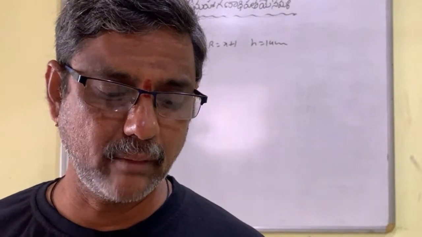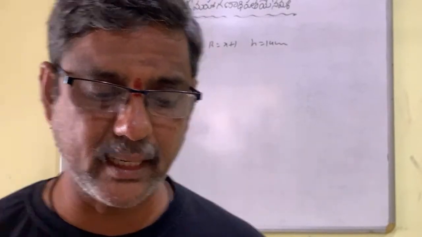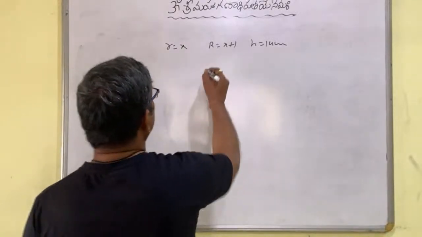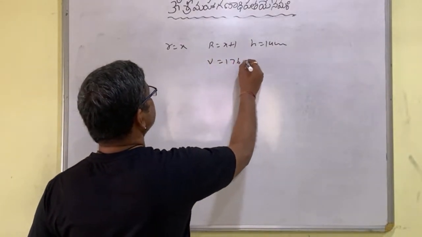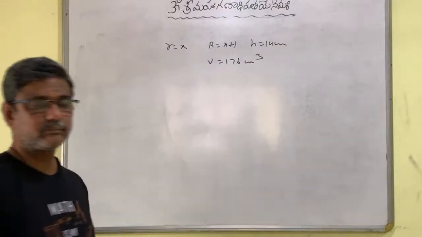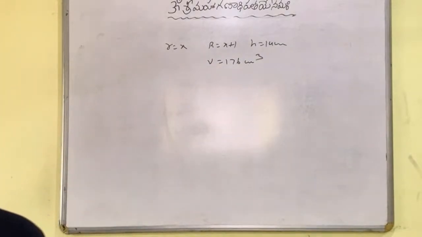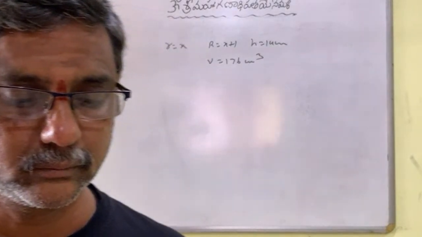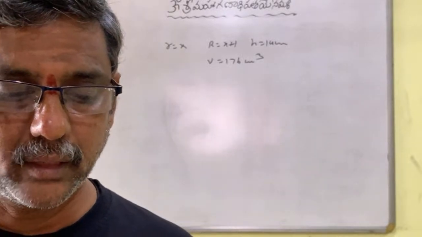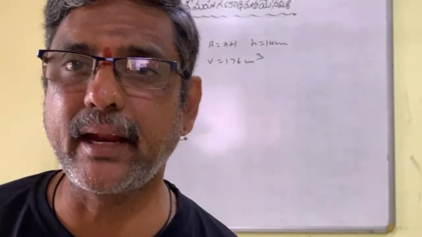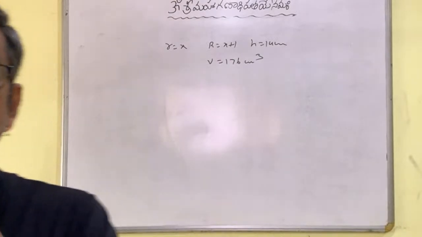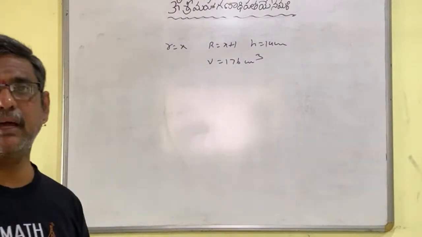If the volume of the metal used to make the cylinder is 176 centimeter cube, volume is given, we need to find out the outer radius and inner radius both. Can anyone say what is the volume of a hollow cylinder?